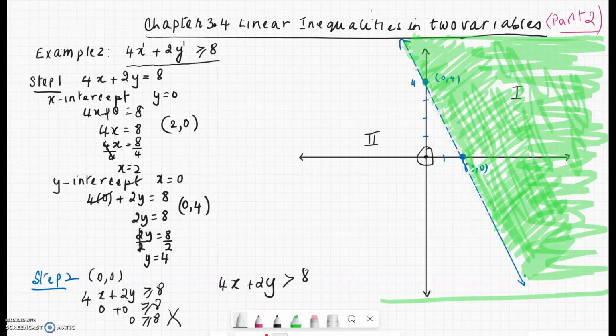Everything to the one side of it in region 1 is included, and that is your solution set. The green area, which contains infinitely many points, is the solution to your inequality 4x plus 2y is strictly greater than 8. Solid line for greater than or equal to, dotted line for strictly greater than.